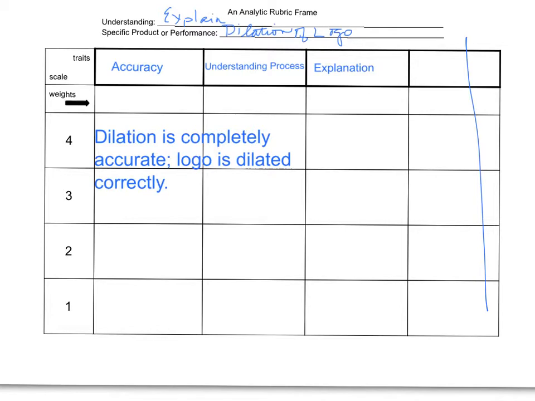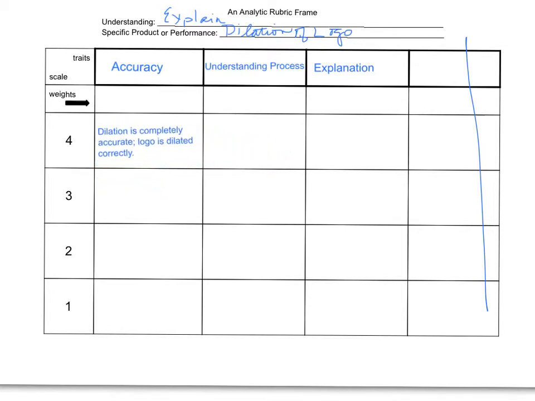Remember, this is just my rough draft. So if I want to come back later to make some changes, absolutely I can do that. My next section down. What's the dilation in degrees of accuracy? It's generally accurate. So dilation is generally accurate.